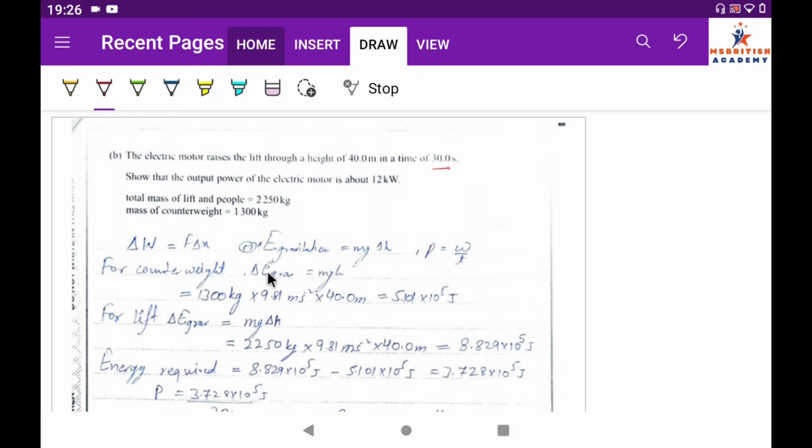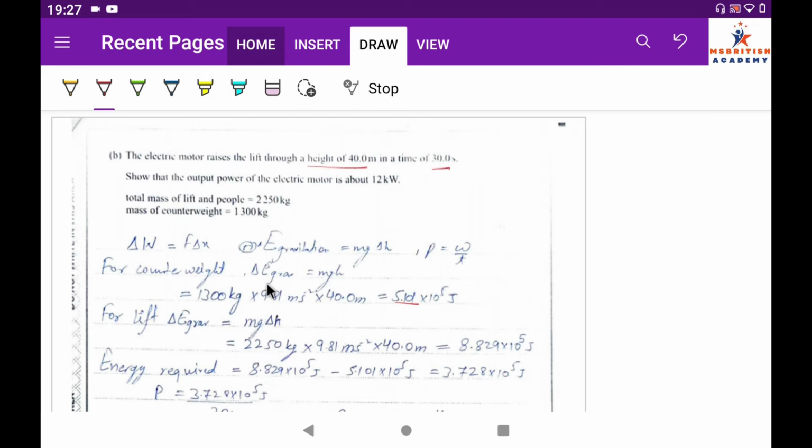For the counterweight, the gravitational potential is equal to mgh. So the mass of the counterweight is 1300, g is 9.81, times 40 meters, because the electric motor raises the lift up this height of 40 meters. From here we get our potential energy as 5.01 × 10⁵ joules, and for the lift, the gravitational potential will be equal to mgΔh.